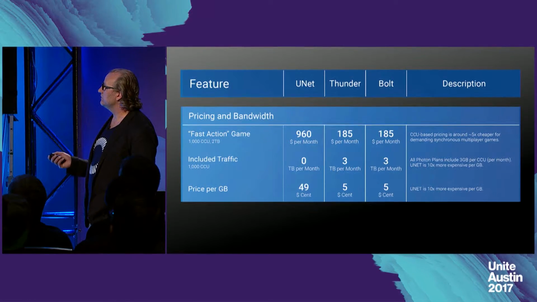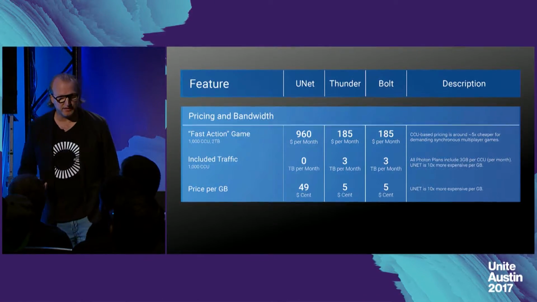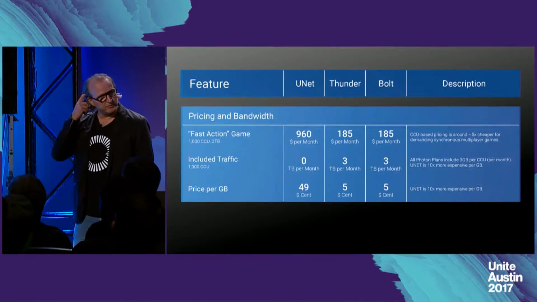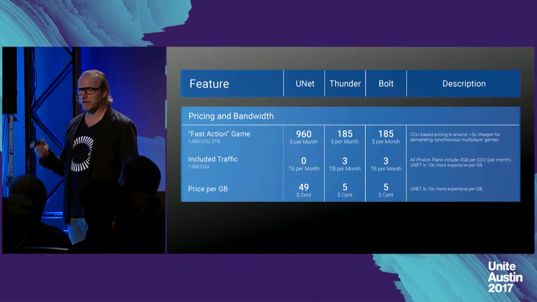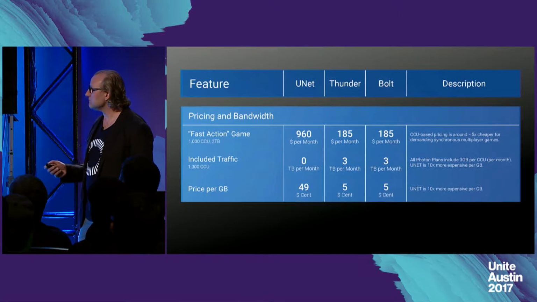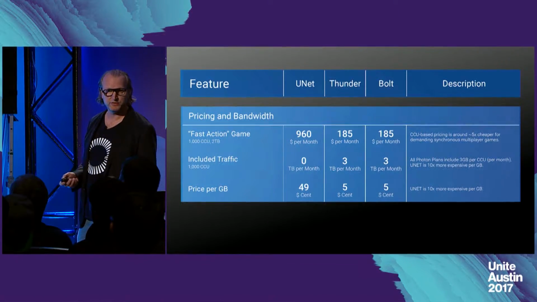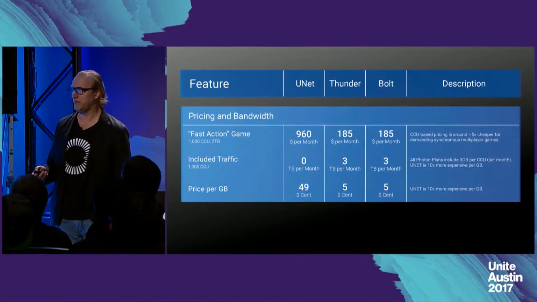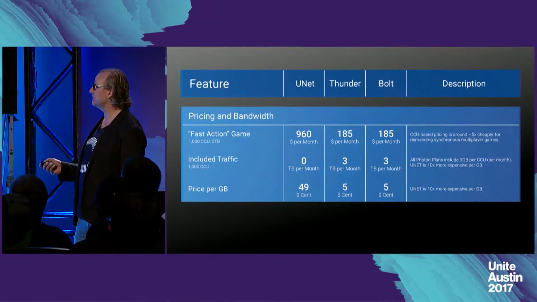Depending on the type of game, if you are not sending a lot of traffic, UNet can be very price effective. But if you are doing a real-time game, sending a significant amount of traffic, it can get pretty expensive.